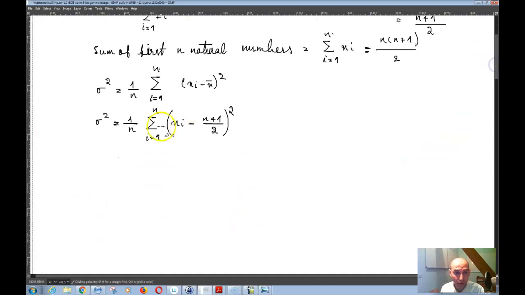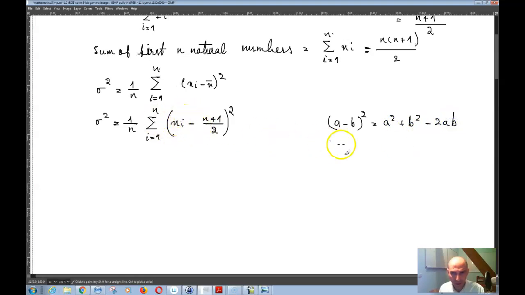Now I need to calculate what this thing is. I treat this as a minus b raised to the second power, which is equal to a squared plus b squared minus 2ab.